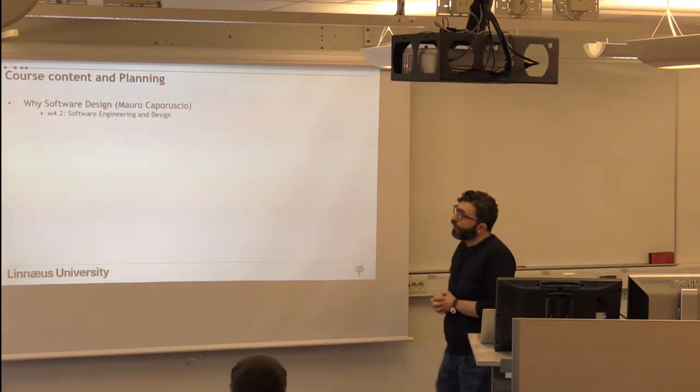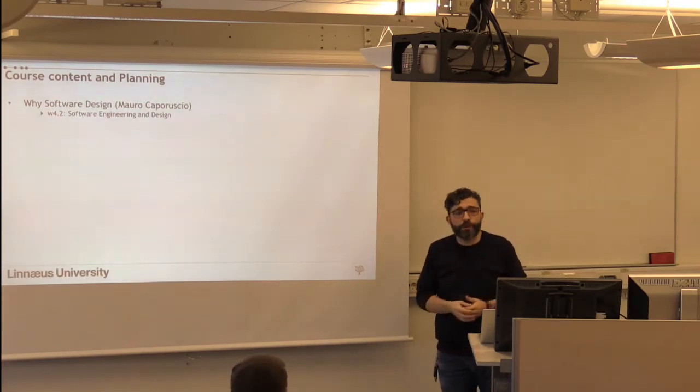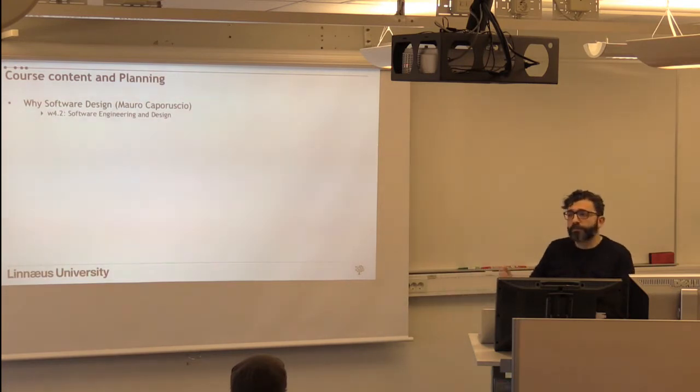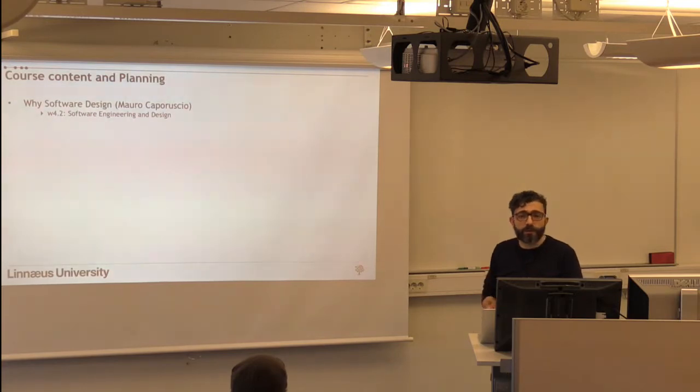and why software design is very important. Then we will talk about some software engineering techniques that will allow us to create better software. Design for quality is the main goal of this course.